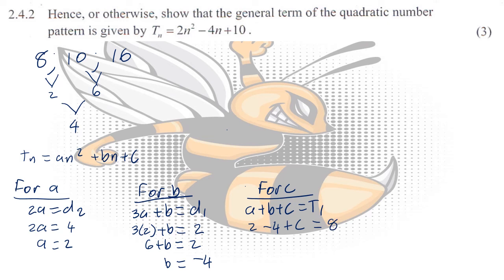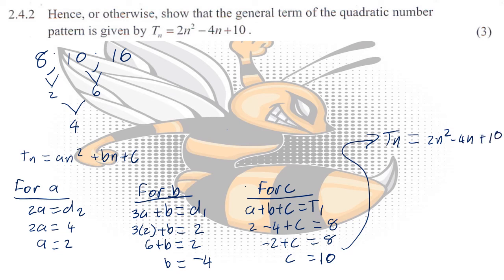If we simplify, we have minus 2 plus c equals 8. The minus 2 goes over, and c should be 10. Therefore, the general formula for this quadratic number pattern is 2n squared minus 4n plus 10.